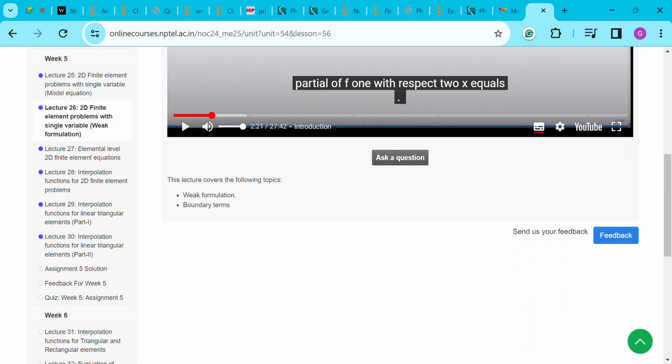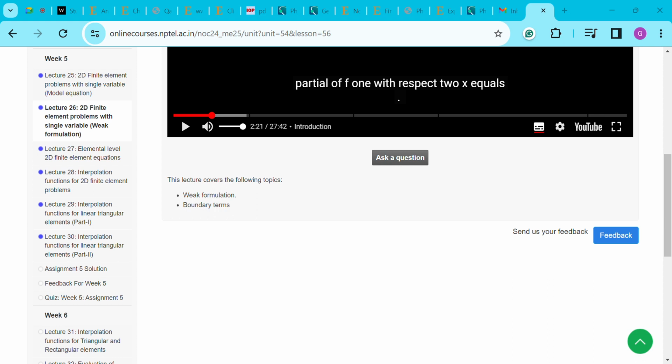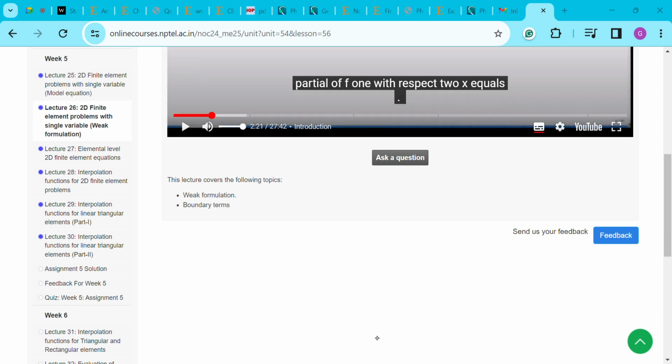It is in the sixth week, evaluation of the constants, just after the aspect ratio part.